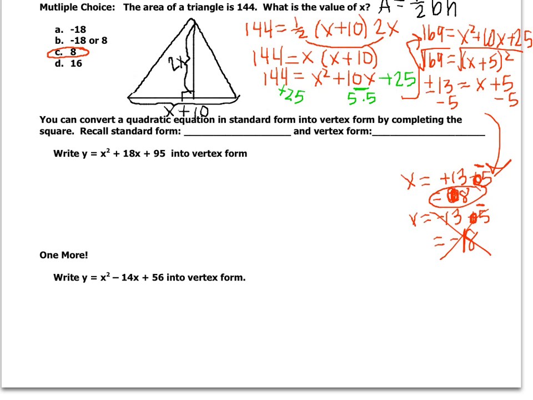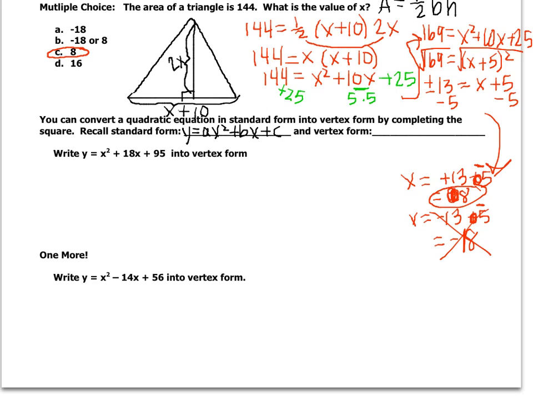So that's really what the whole purpose of completing the square is, besides solving: changing an equation into vertex form. So standard form, recall, looks like this: y equals ax squared plus bx plus c.